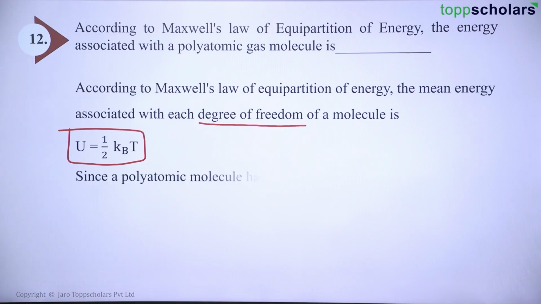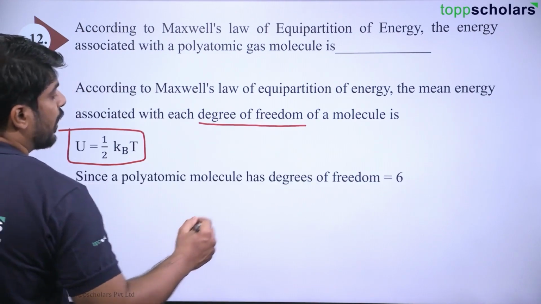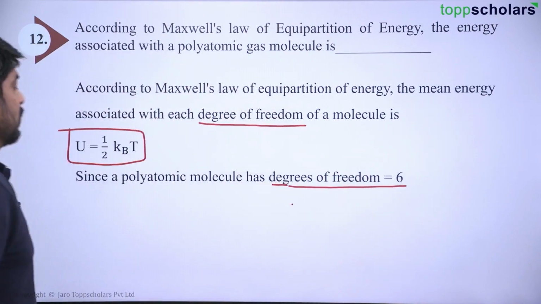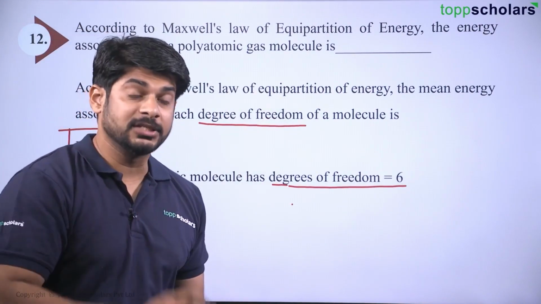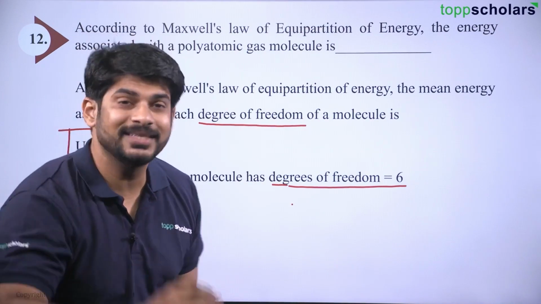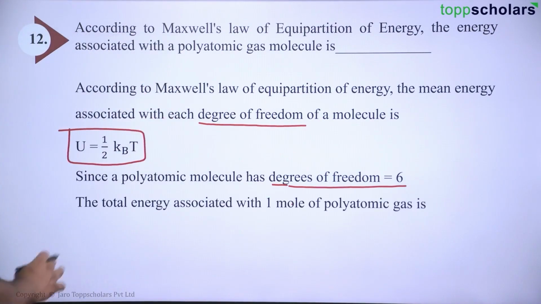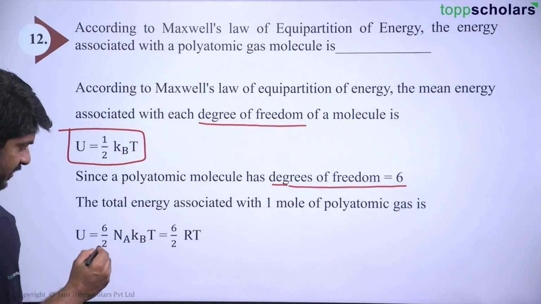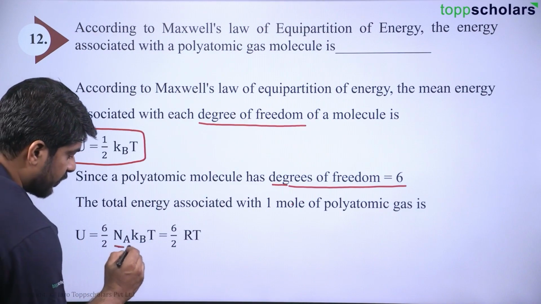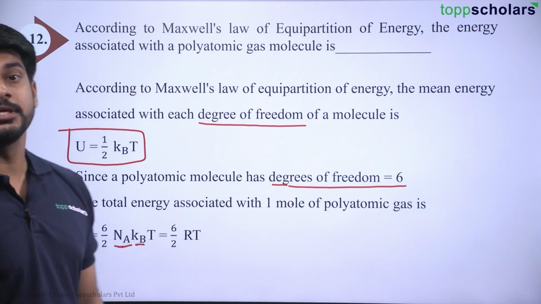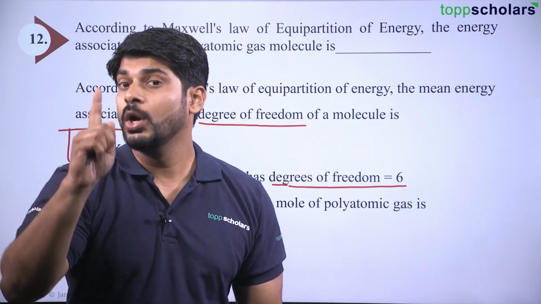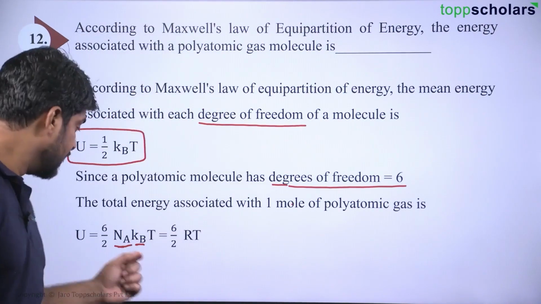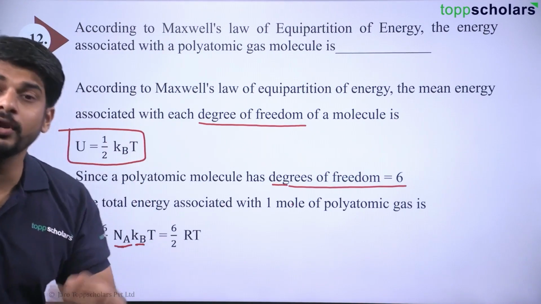Now since a polyatomic molecule has degrees of freedom equal to 6, the degree of freedom for a polyatomic gas molecule is nothing but 6. Therefore the total energy associated with 1 mole of polyatomic gas is 6/2 Na kBT. Why Na? Na is the Avogadro's number, because 1 mole is exactly Na number of molecules or atoms.